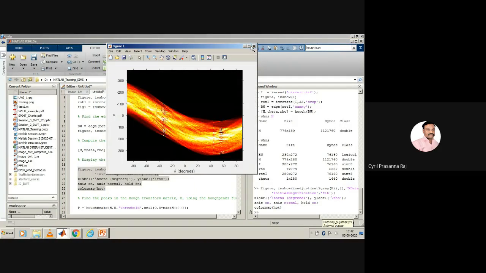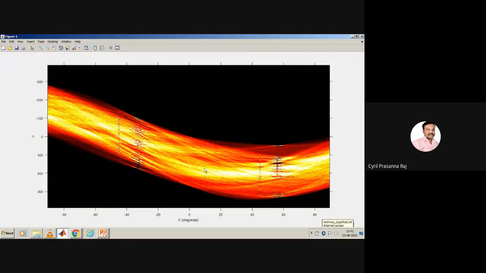So there are multiple sinusoids that you get from the Hough transform. It may be very difficult for us to see all these sinusoids because there are multiple straight lines available, and so there are multiple intercepts here. Because there are multiple straight lines, you come across multiple sinusoids and multiple intercept points.